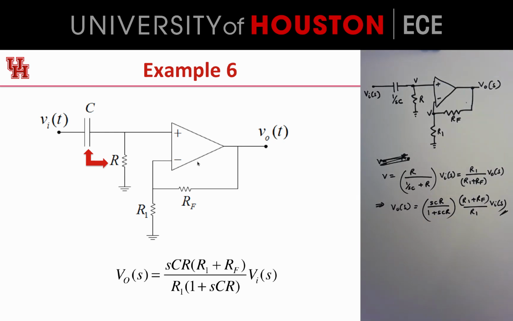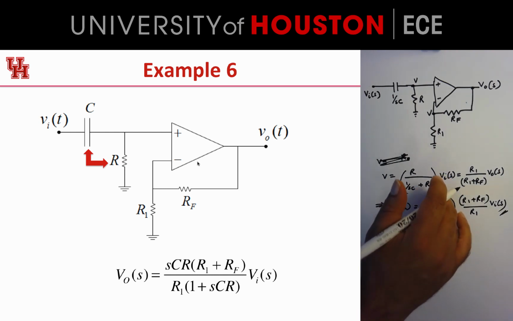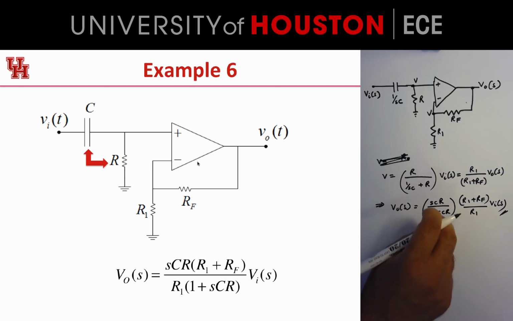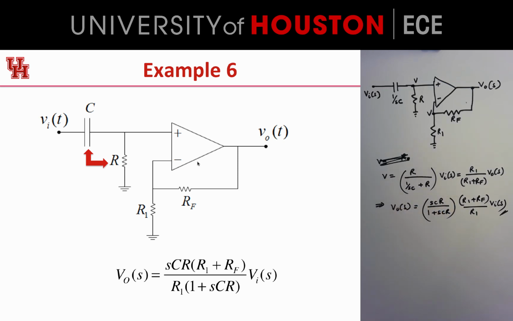It's fairly straightforward. So this circuit has a 0 that the other one didn't have, in addition to the pole, and the pole is in the same place for the two circuits.